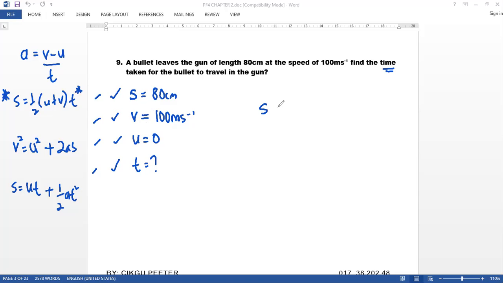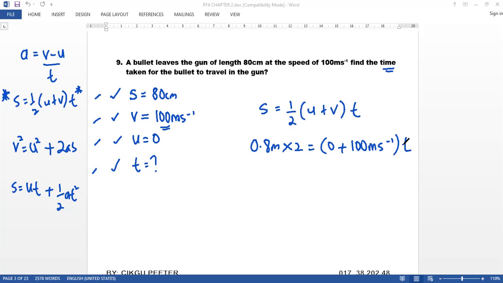Okay, so s equals half u plus v times t. So s is 80 centimeter, which we take as 0.8 meter. I bring the 2 up here, so times 2. Initial velocity is 0, so no need to bother about that. Final velocity when leaving the gun was 100 meter per second. You are looking for the time.